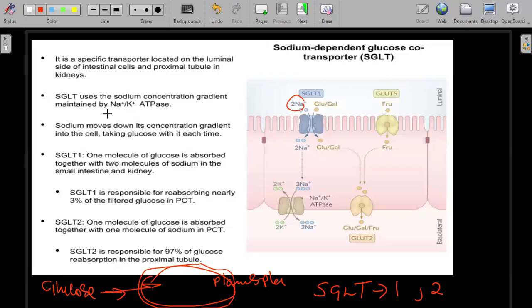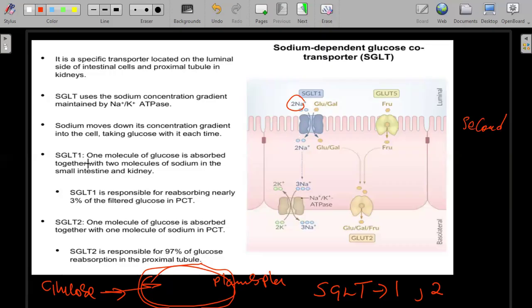Okay, so it uses energy from the sodium potassium ATPase pump. Okay, so it's a secondary active transport type of transport, where we are using the ATP, which was generated from the sodium potassium ATPase, to move our glucose molecule inside the cell.